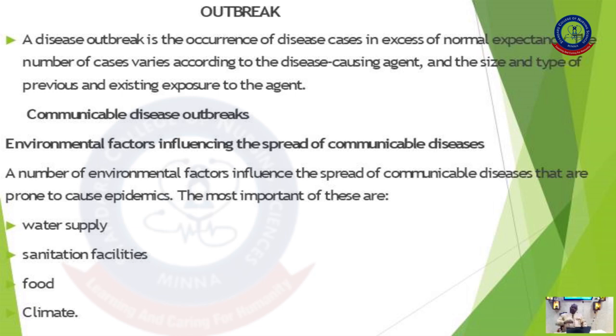But when we say it's an outbreak, the number of people it infects at a given time is above expectation, much more than usual. It is now referred to as an outbreak.